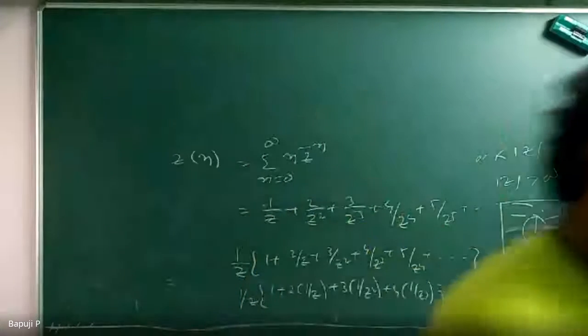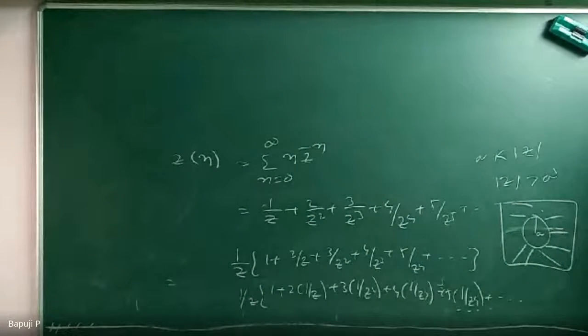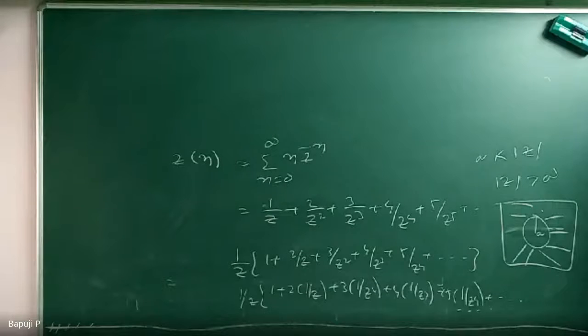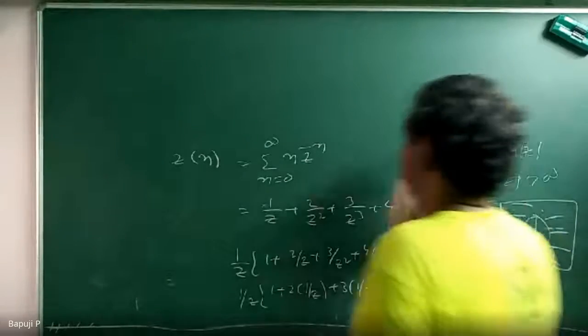What is this formula? 1 plus 2x plus 3x square, 4x cube plus 5x to the power of 4. What is the formula? Here x is 1 by z. 1 minus x power minus 2. Very good. So here who is my x actually? 1 by z.